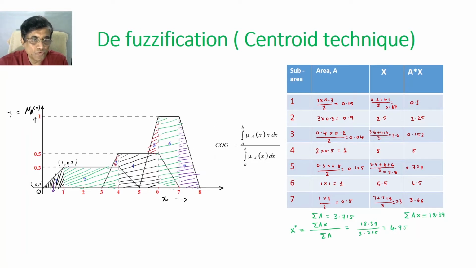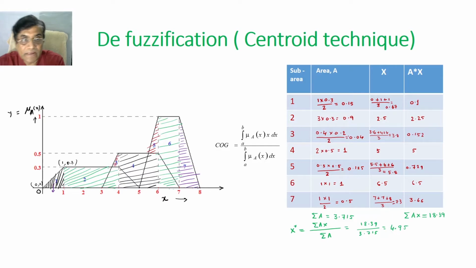Now sub area 2, very simple. Again, there is this rectangle. So what is the value of the rectangle area? 1, 2, 3. Okay, 3, and this is 4. So this area is actually 3 into 0.3. 3 into 0.3, okay, is 0.9.